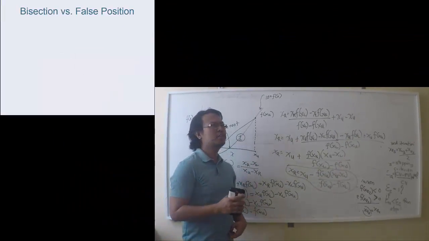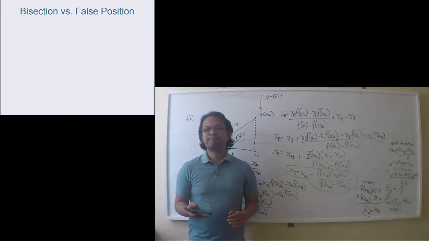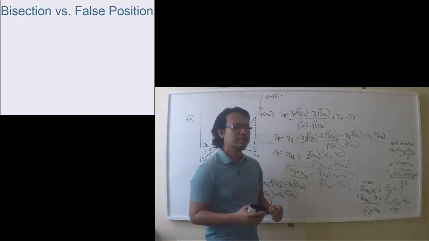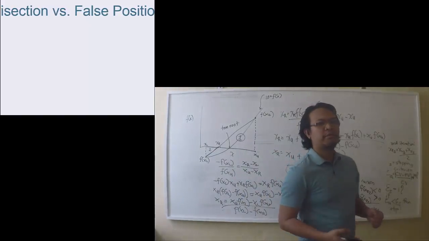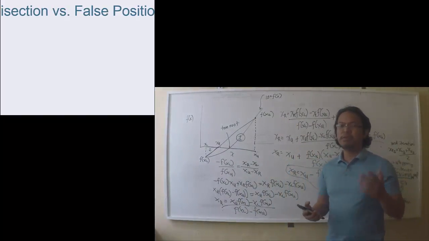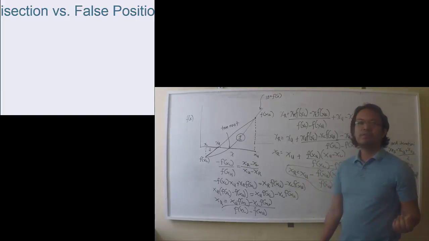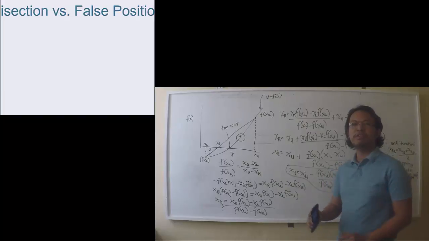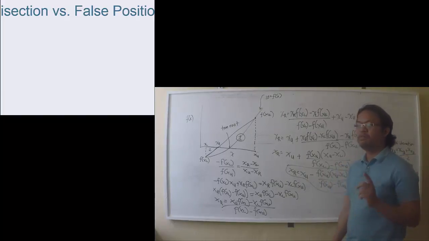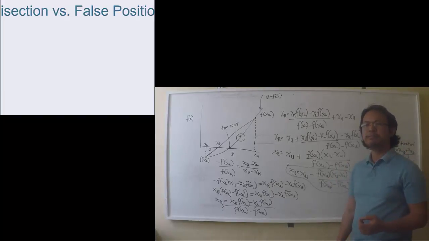Okay, so bisection versus false position. Like I said, most of the time false position is much better than the bisection method. We can solve a problem later, and then we will see what's the difference between these two. Most of the time, false position is much faster. But there are some cases where false position is quite inferior compared to bisection.